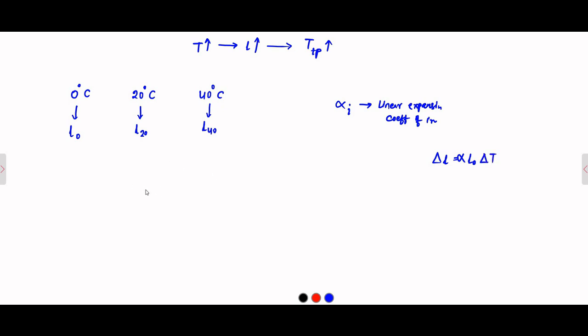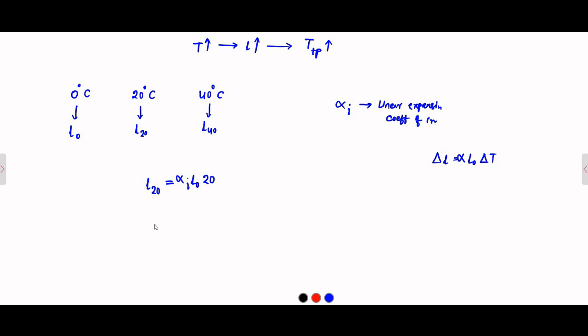So L20, the length at 20 degrees Celsius, is equal to the reference length L0 plus alpha I times L0 times 20, where the rise in temperature from 0 to 20 degrees Celsius is 20.